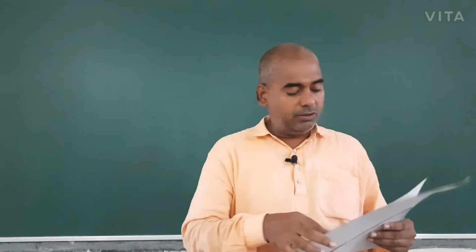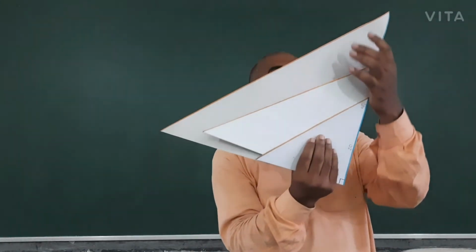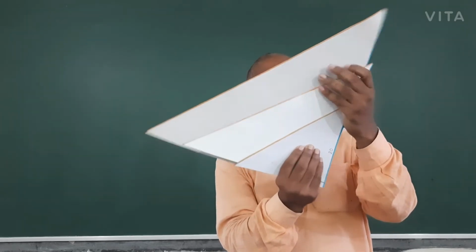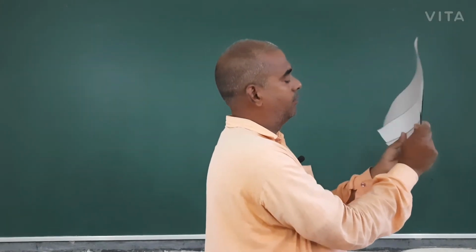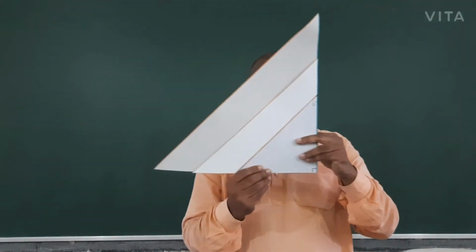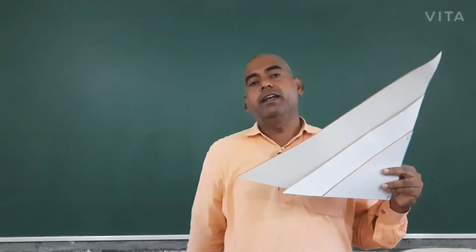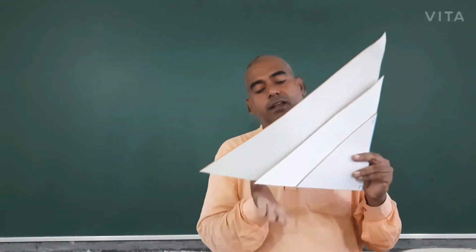Let me keep all the 3 triangles at the same time. So these 3 triangles are similar, and very confidently we can say this 45, this 45. So these sides are equal.